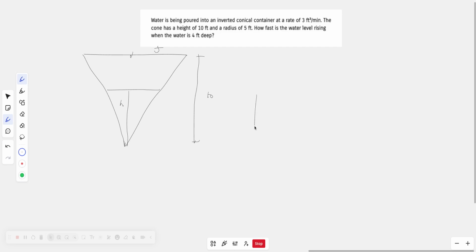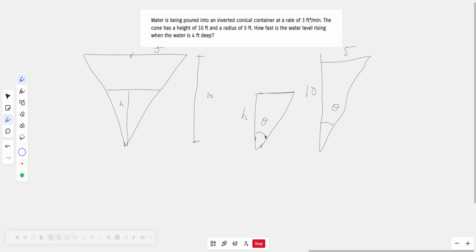So the smaller triangle is going to be h, and we're going to write this radius over here, this side, in terms of h. And the larger triangle is going to be 10, and this is going to be 5.